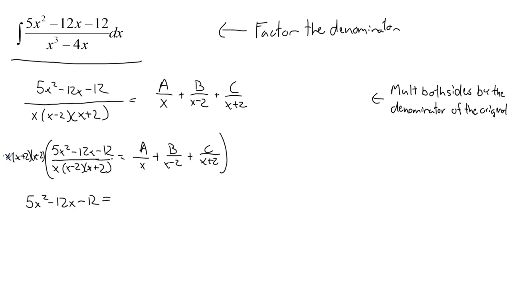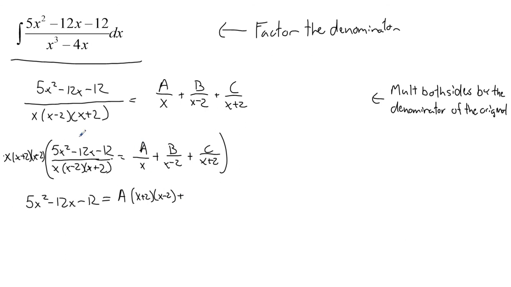Now, when I multiply x times x plus 2 times x minus 2 times a over x, this x cancels out that x, but I have to multiply by these two factors. So I'll have a times x plus 2 times x minus 2.